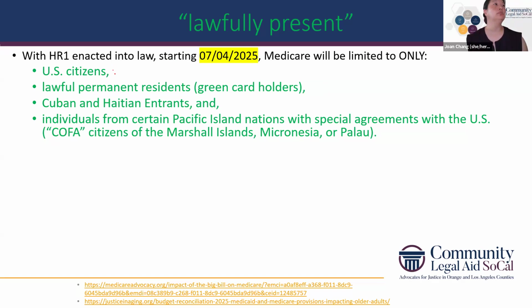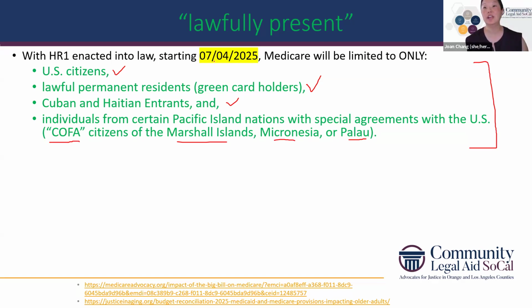It's only going to be for US citizens, green card holders, Cuban and Haitian entrants, and folks who are what we call COFA citizens. COFA includes the Marshall Islands, Micronesia, and Palau. These are the only categories going forward.